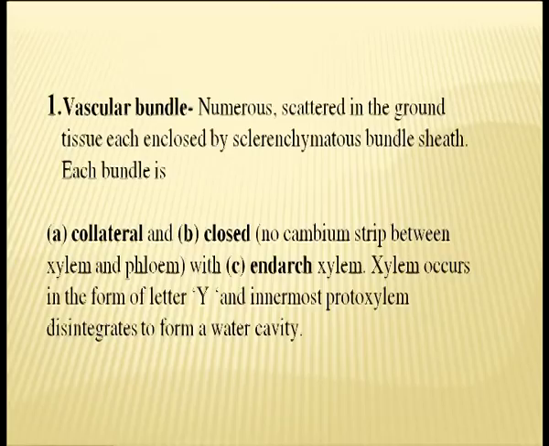So, vascular bundles in monocots are numerous, scattered in the ground. In case of dicots, if you remember, they were arranged in a circle, right? But in case of monocots, they are scattered in the ground tissue. So, each bundle has its own qualities. They are collateral and closed.